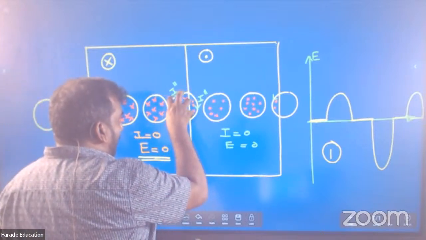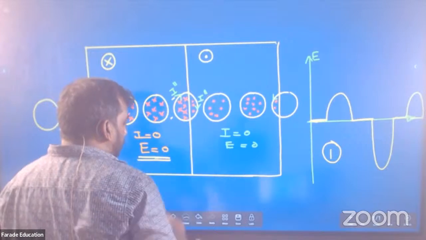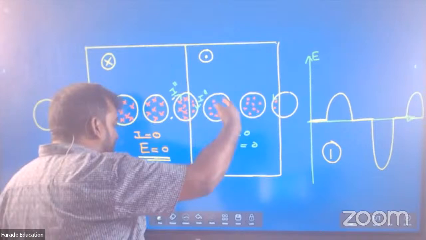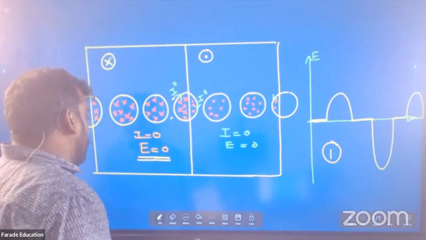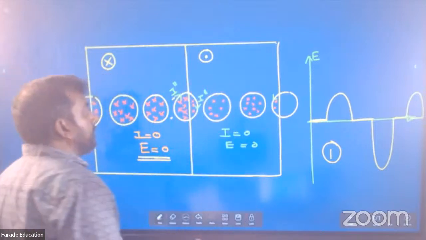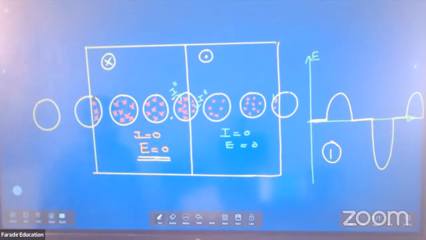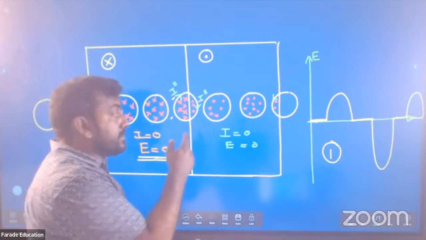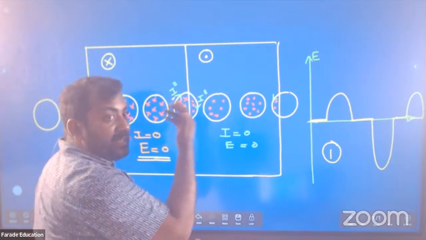Now, when the loop enters the next region, what will happen? The number of crosses will reduce, and the number of dots will increase.